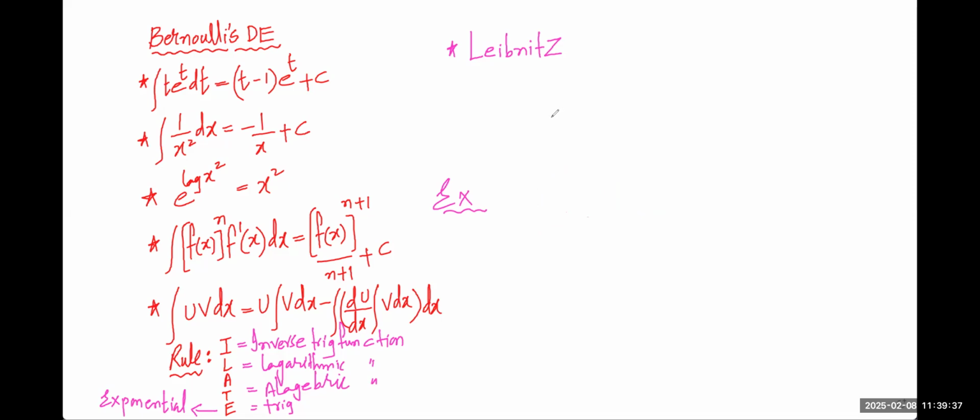Example also necessary. Leibniz rule. That rule is again UV only, UV dx. The problem can be solved by using the by parts formula or by using the Leibniz rule. Both are same.